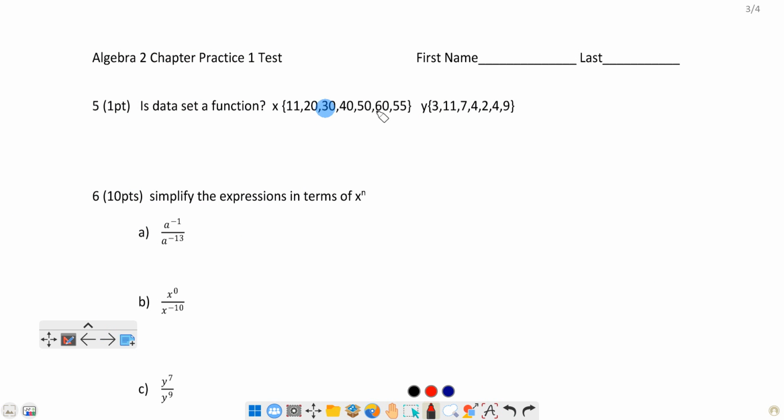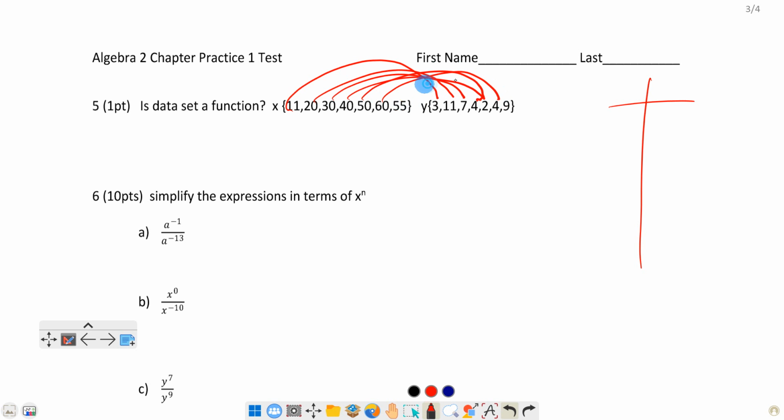Is the data set a function, and how do you go about doing this? For every x, there is only one y value, so this corresponds there, this corresponds here, this corresponds here, this corresponds there, 2, right? And so then I'm looking here, and I have no repeating x values.